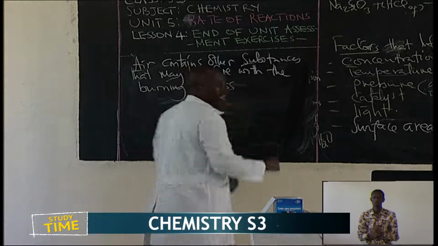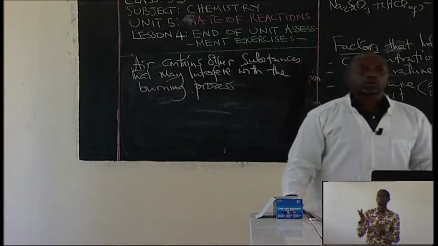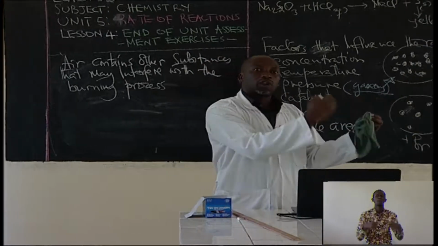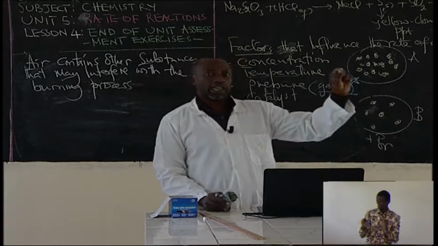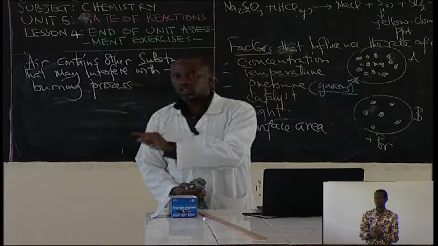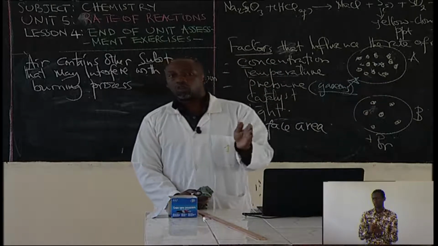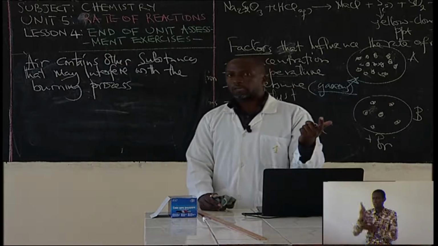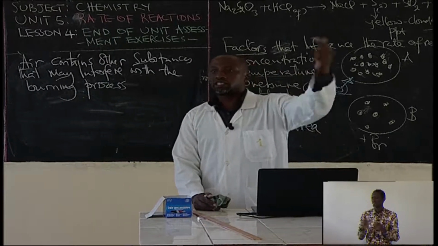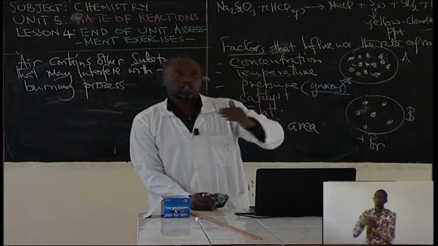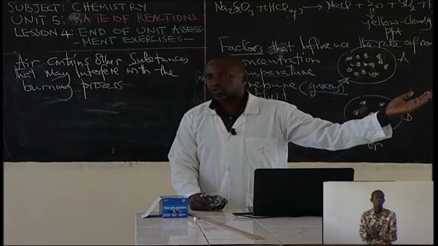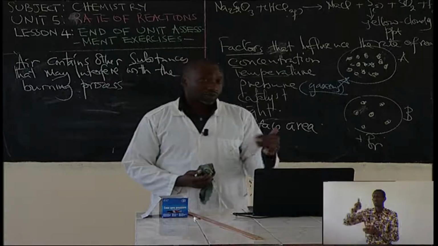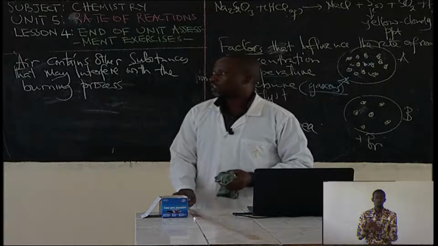And how does it interfere with the burning process? Because the oxygen in the air compared to the oxygen which is pure are different. So the factor of concentration again. So burning is accelerated because in pure oxygen, there is high concentration of oxygen. In air, the concentration of oxygen is lowered, and therefore burning is slowed down.